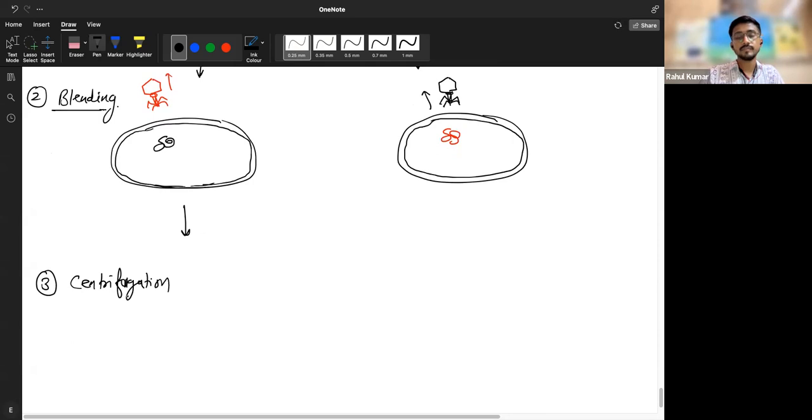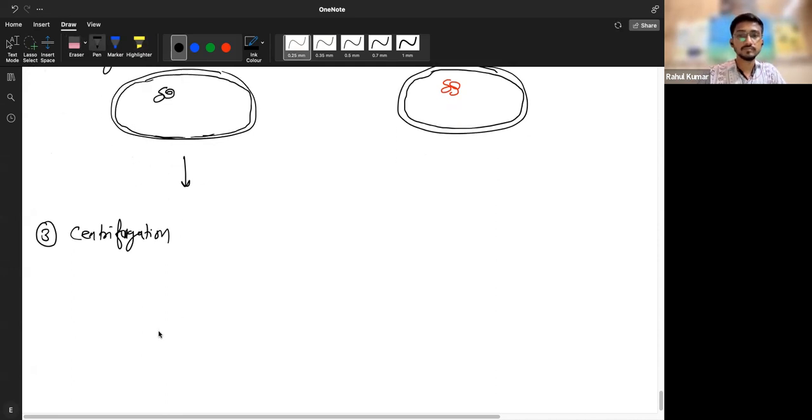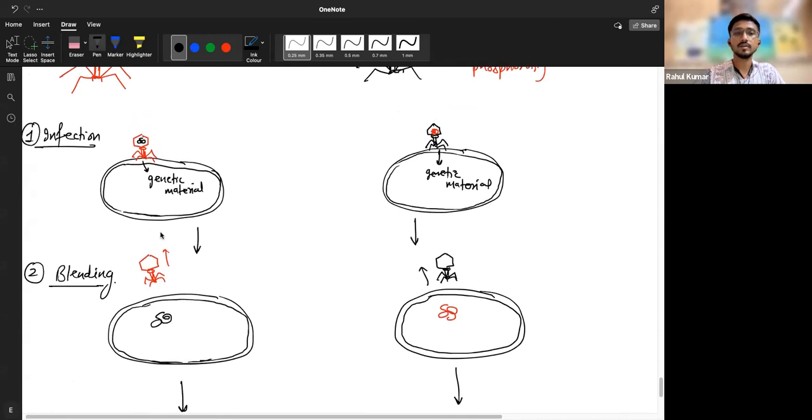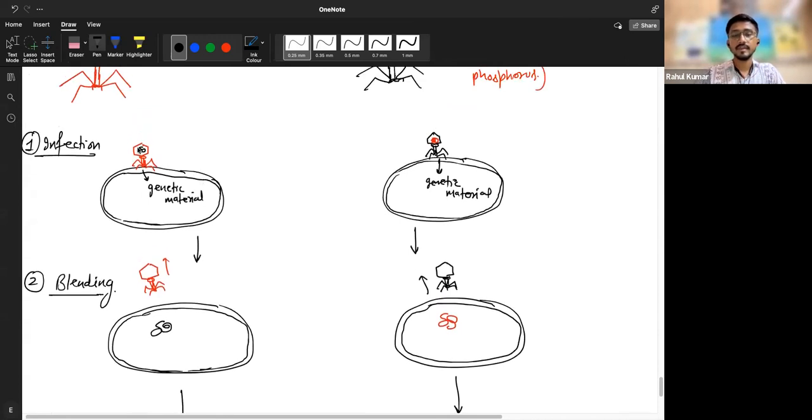What is centrifugation? We spin this bacterial column in a test tube at very high speed. So what will happen? Which is heavier, a bacteria or a virus? What is bigger, a bacteria or a virus?